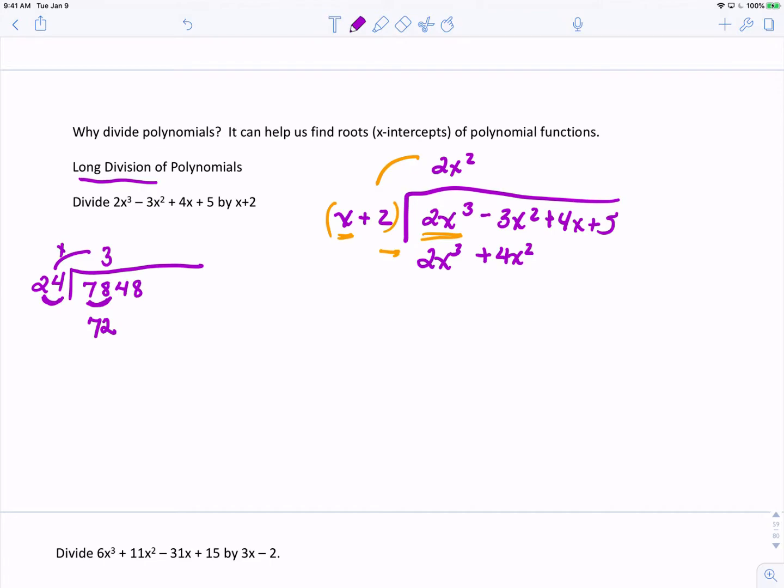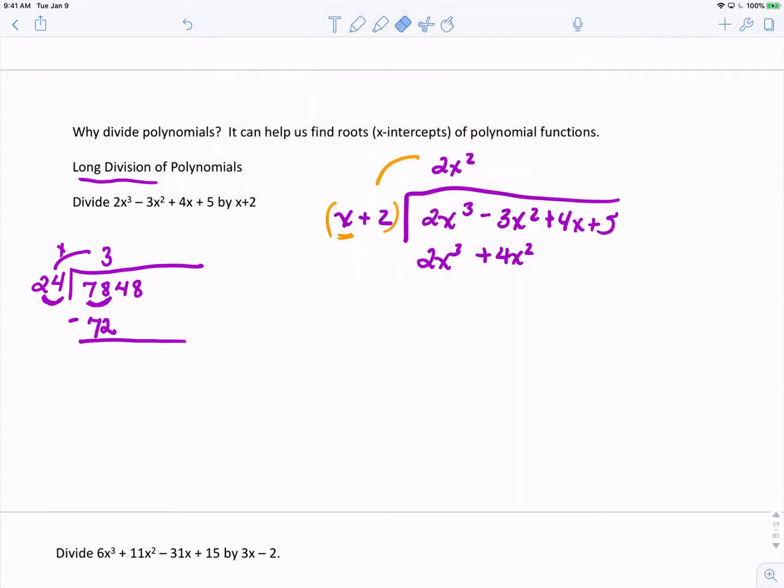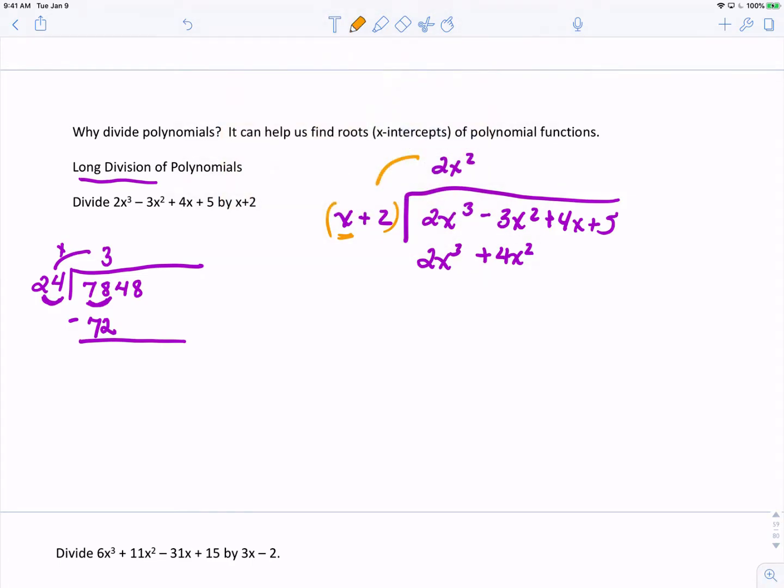So you may remember what happens next is we subtract. That's exactly what we're going to do over here. Now with polynomials, with subtracting, you have to be very careful with the signs. So an easy way to think of subtraction is change the sign and add.